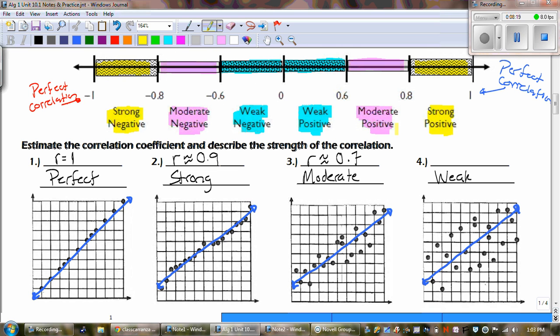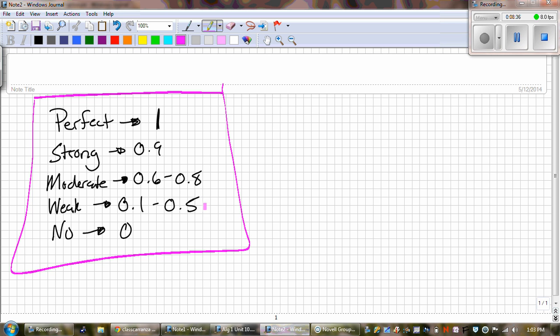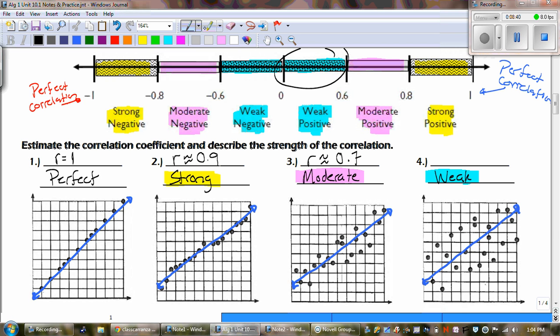So this was our strong, here's our weak, and then we had an example of moderate. For weak, it needs to be somewhere between 0.1 and 0.6. Same thing over here, somewhere in between there. I'm just going to pick the number that's right in between, which would be 0.3.